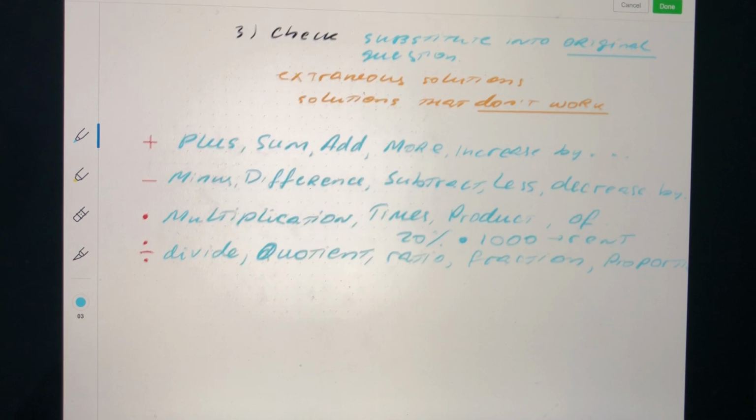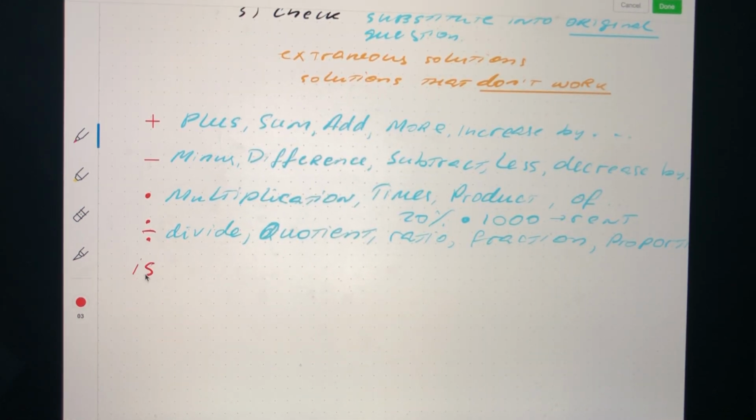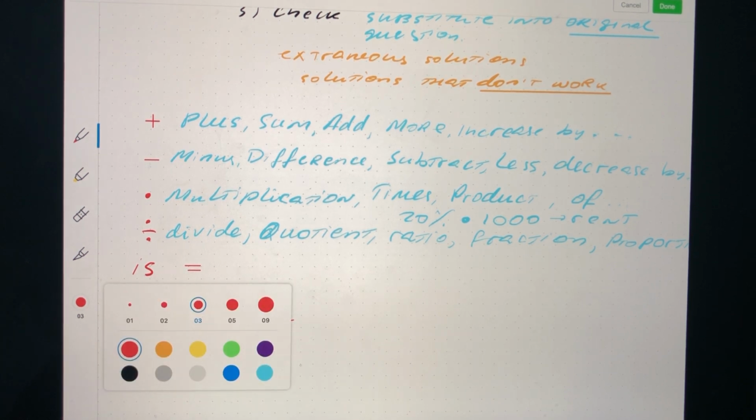A few other words that we see, one of them is "is", that means equal. So if something is 10, that means equals 10. The unknown oftentimes shows up as what? We call it x. The word percent is made up of two words.